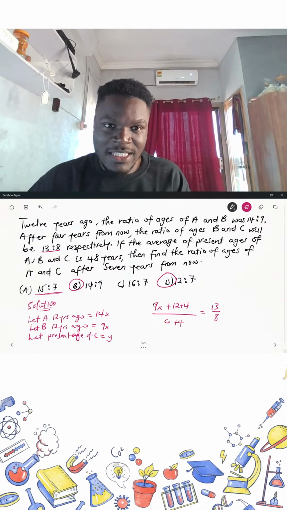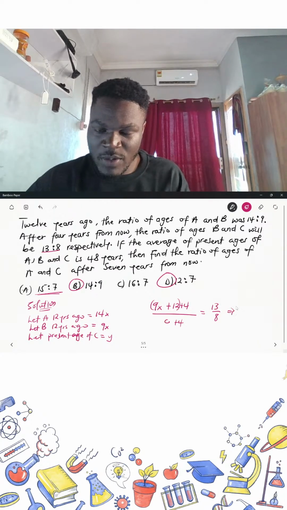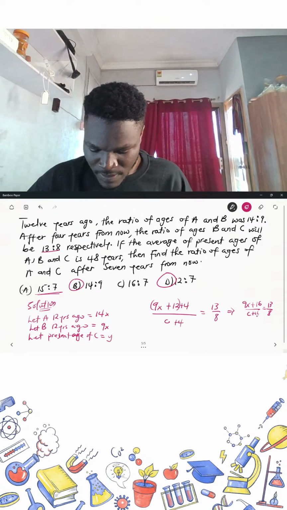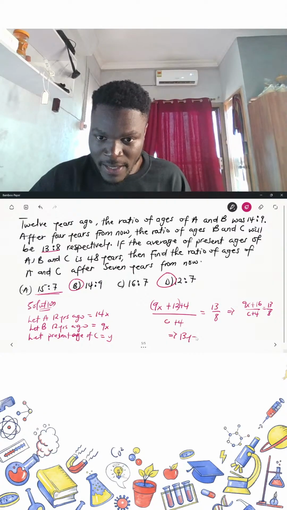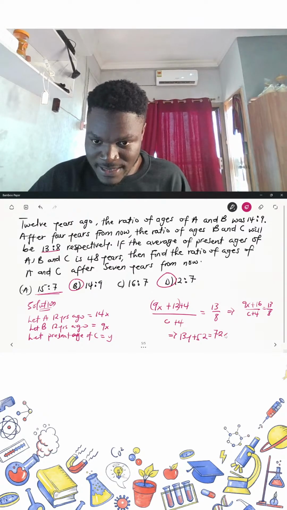So this is the age of B 12 years ago. It is 9x plus 12. Are you okay? So if we solve this, we are going to get (9x plus 16)/(y plus 4) is equal to 13/8. If we cross multiply, we will get 13y plus 52 is equal to 72x plus 128.